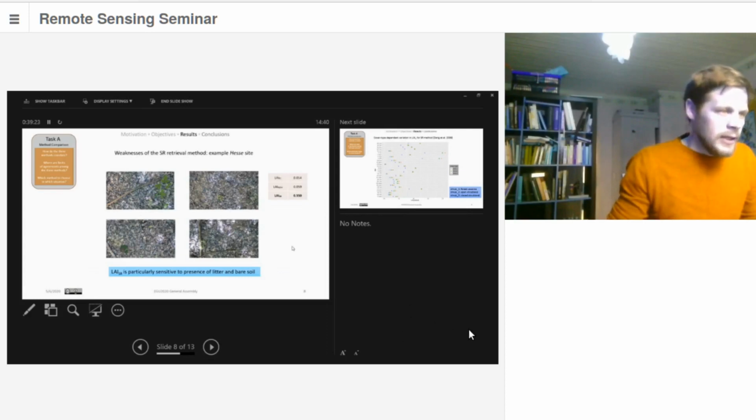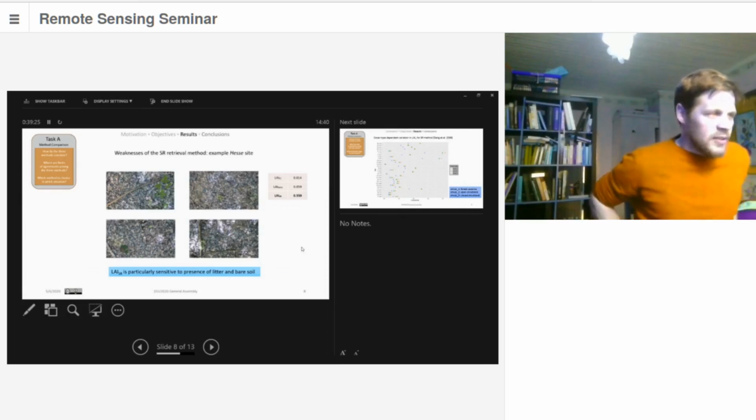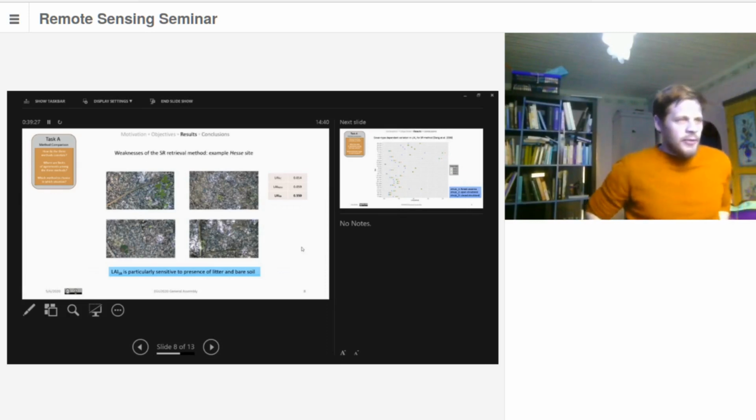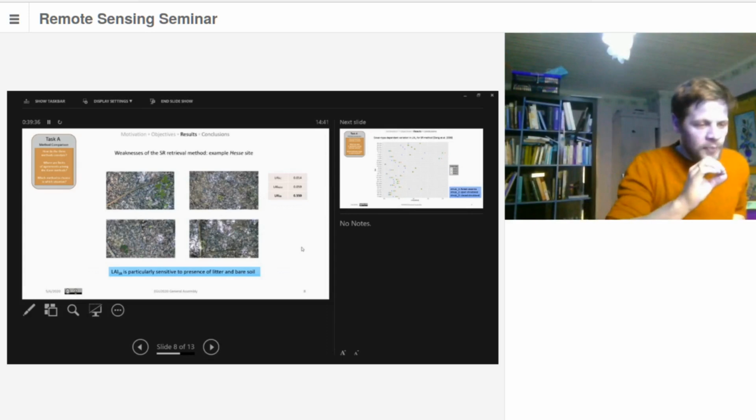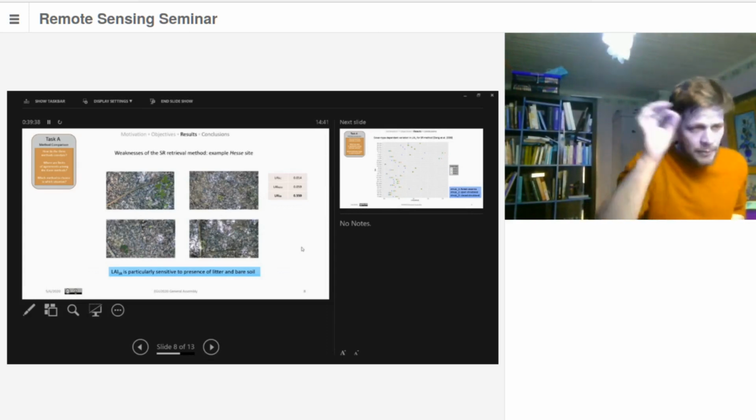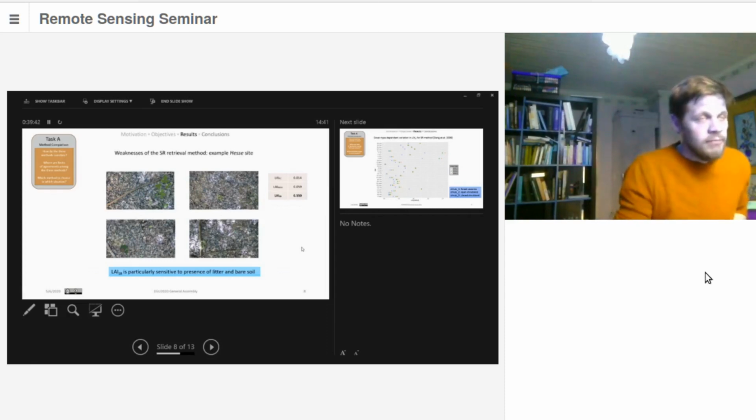This is the problem with the simple ratio method: when you have bare soil or litter, this will tune your near infrared signal up, and then the simple ratio increases, I wouldn't say exponentially, but more strongly than NDVI and fractional cover.